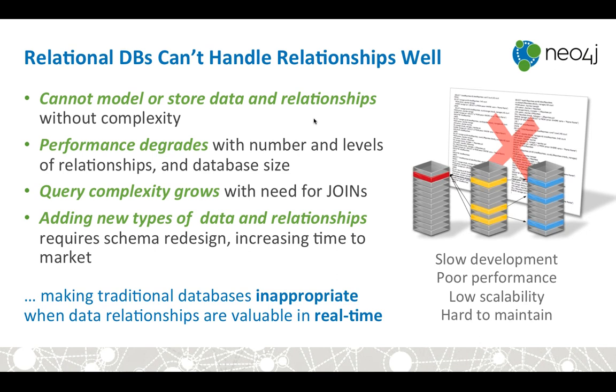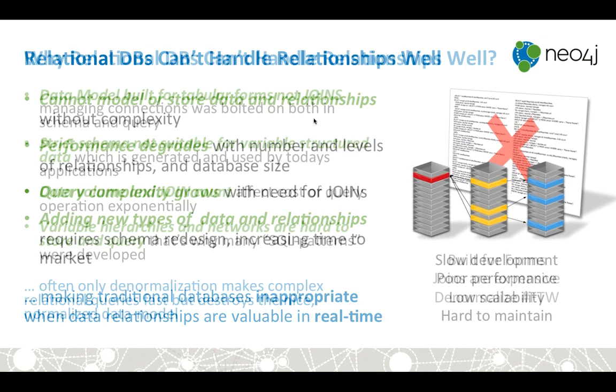And something I haven't mentioned yet is the schema aspect. As you all know, relational databases are schema-based databases. That means you have to describe the structure of your database in terms of which tables do I have, which columns does each table have, which types do the columns have.